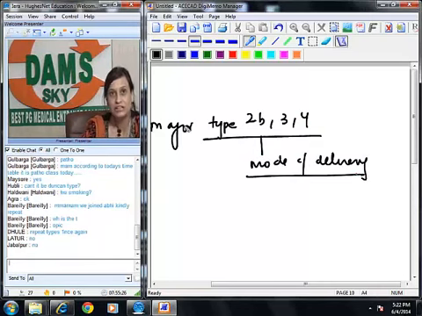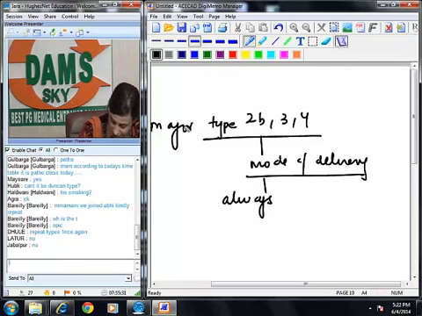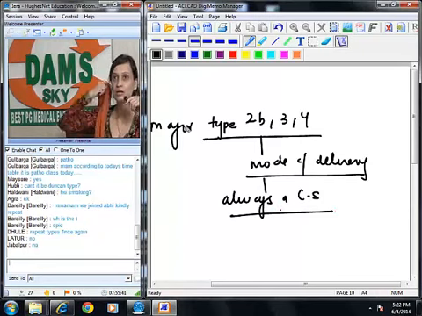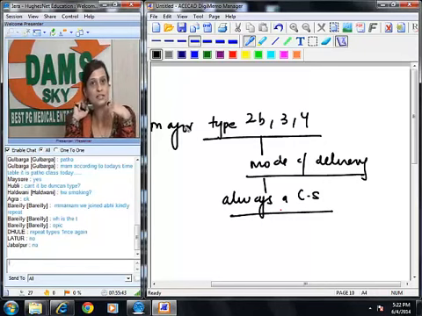The mode of delivery in the major degrees of placenta previa is always a cesarean section, whereas the mode of delivery in the minor degrees is, I said, vaginal. So here it is going to be a cesarean section for the major degrees.